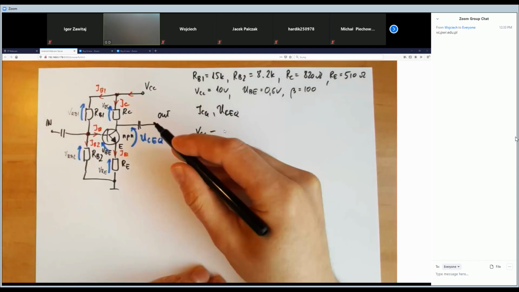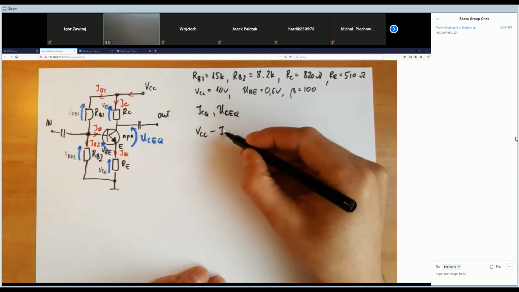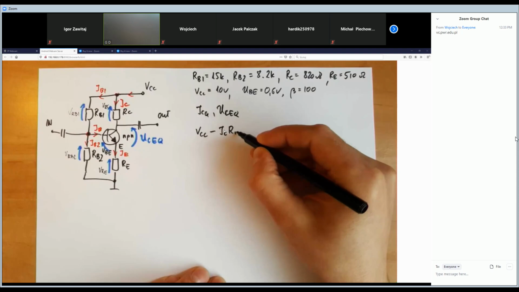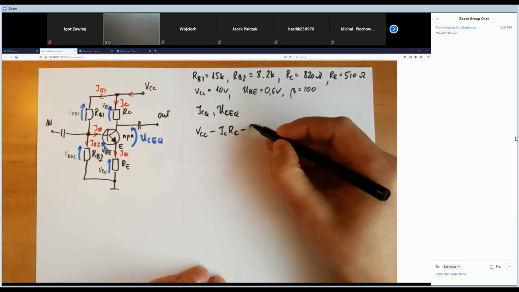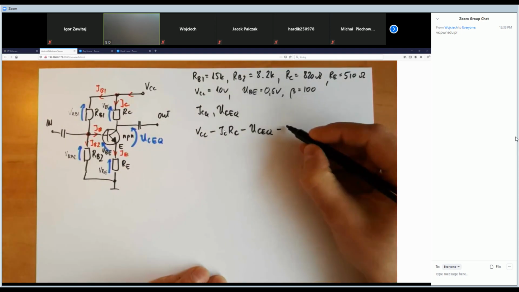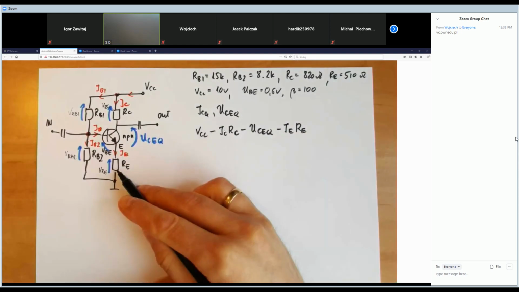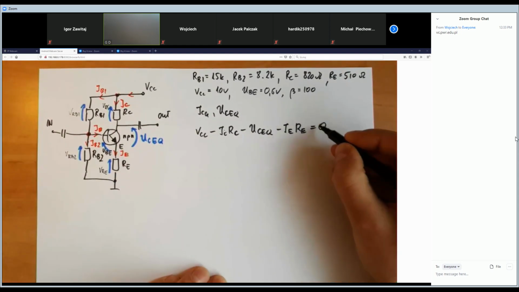So this is the voltage drop on the RC resistor, it is IC times RC, minus UCQ, and minus IE times RE, the voltage drop on this resistor. And this should be equal to 0.